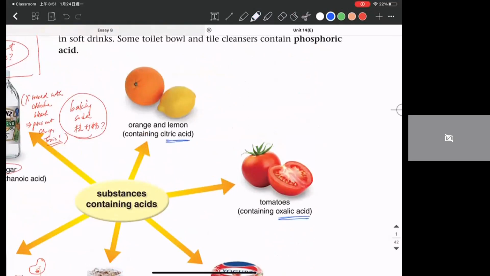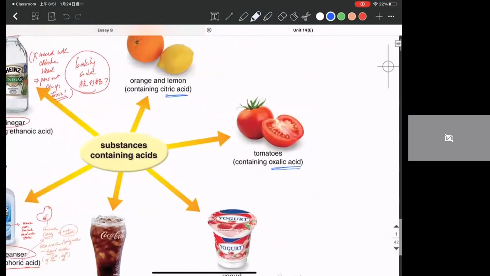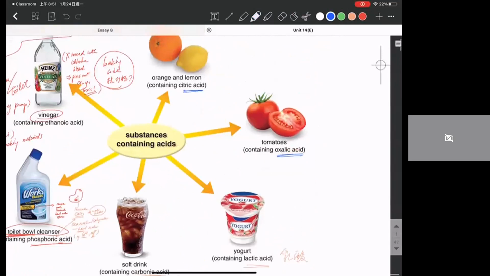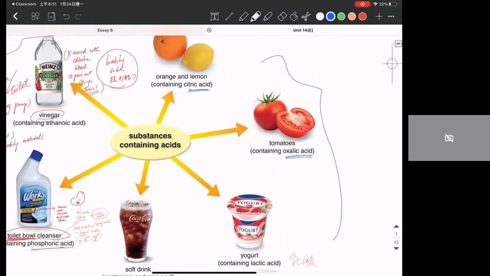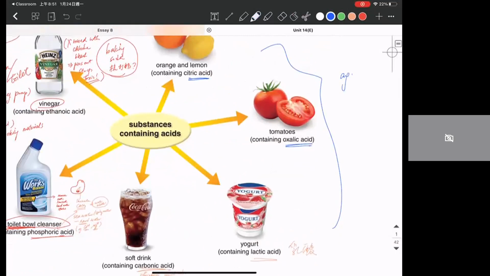So these three, we collectively call it organic acid, 有機酸, simply because it is commonly found in living organisms. So we will call that organic acid. Okay, is that clear? Any questions?